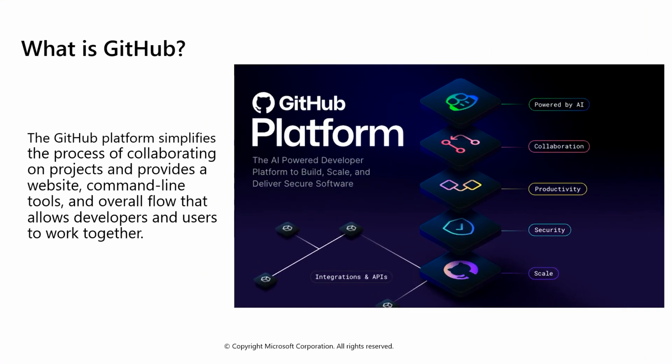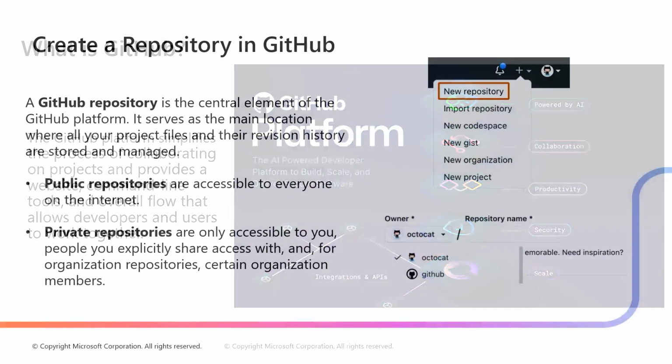The conceptual image on the slide here shows the different layers, from collaboration to security and scale, that GitHub provides to help you build better software. As we explore the platform together, you'll start thinking of GitHub not just as a code storage solution, but as this control center for your entire development workflow.